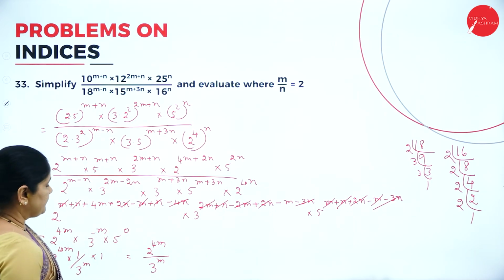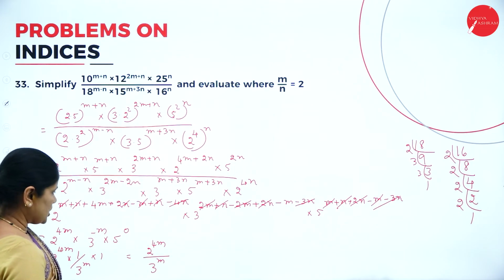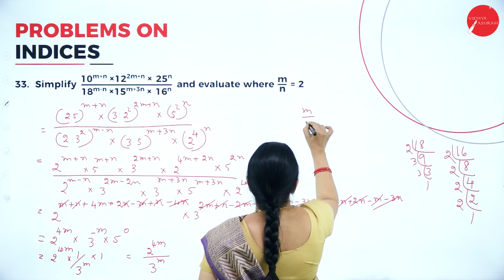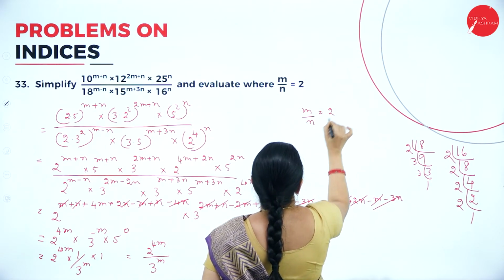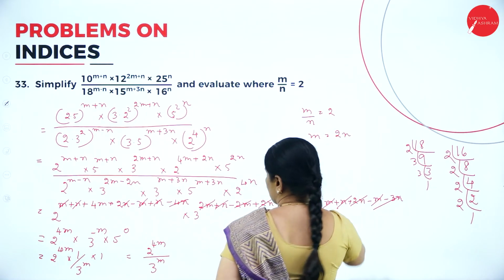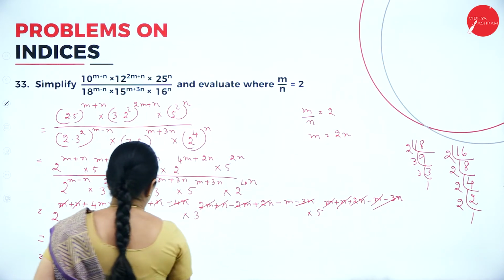Now you have given us the value here, m by n equals 2. So we will find the value. So when m by n equals 2, m will be equal to 2n. So I will write 2n here.